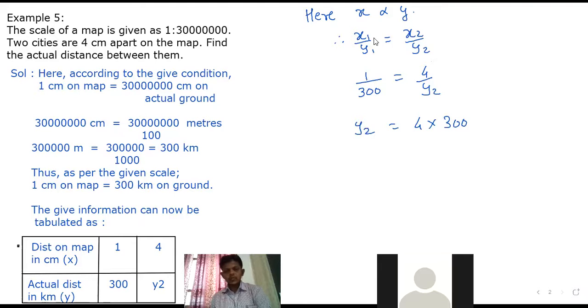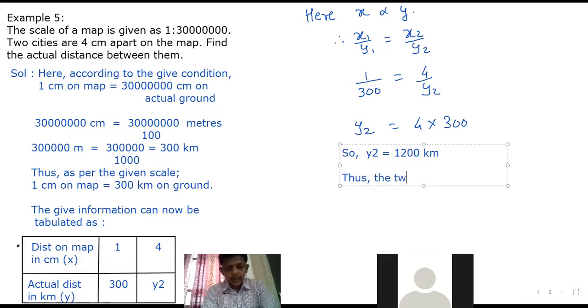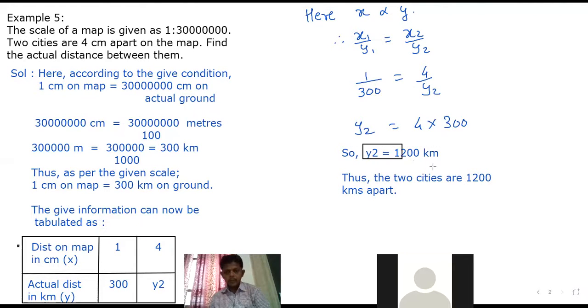Correct. 4 centimeter is equal to 12,000 kilometer. No, sorry, 1,200 kilometer. So what are we going to write? Thus, the two cities are 1200 kilometers apart. Or the distance between the two cities is 1200 kilometers. Yes or no? Yes, sir.